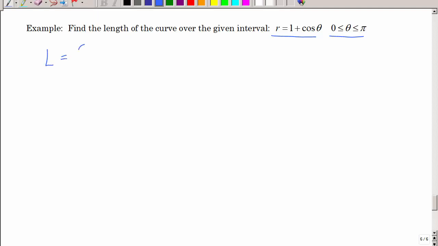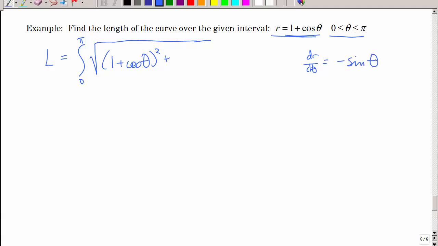So our length is going to be between 0 and pi of the square root of r squared plus the derivative of r, and then we have to square that. So let's take the derivative of r. The derivative of 1 is 0. The derivative of cosine is negative sine theta, and if I were to square that, that would be positive sine squared theta.